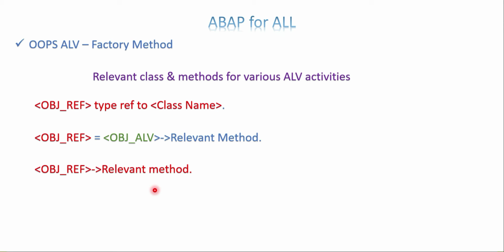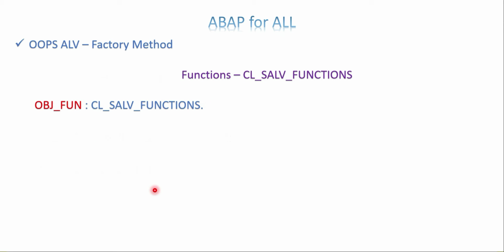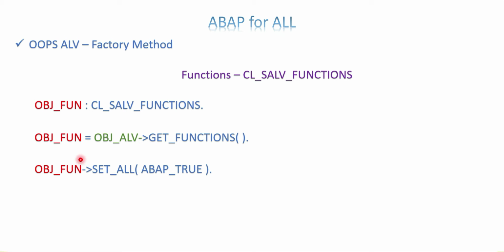For example, the first one is enabling the basic functions in my ALV: sort, filter, and summation. For that, I have to refer to a class called CL_SALV_FUNCTIONS. I create an object reference variable for that class and get the reference with the help of a method called get_functions, which is coming under the base class.